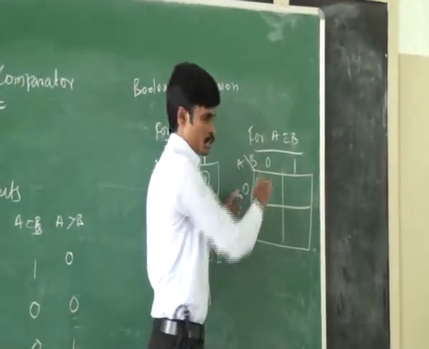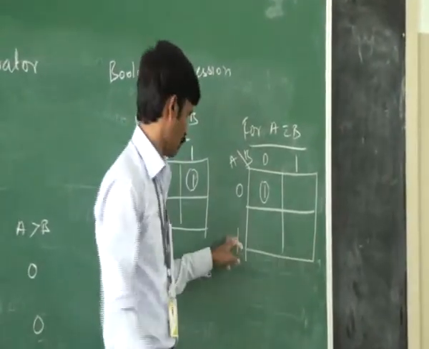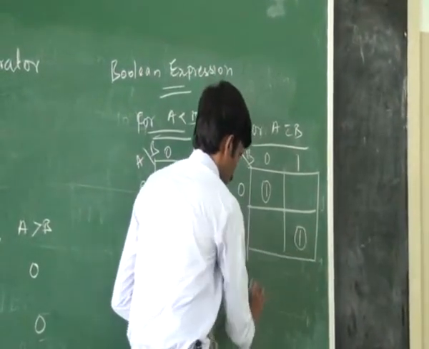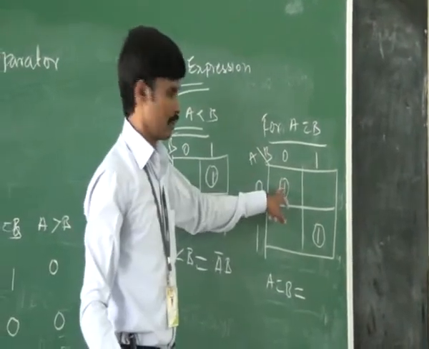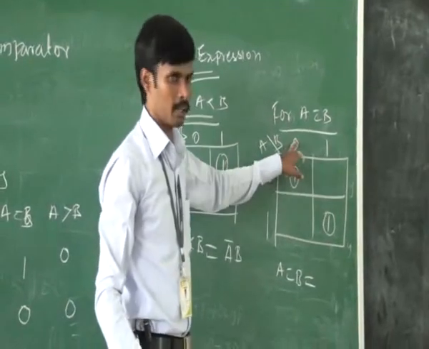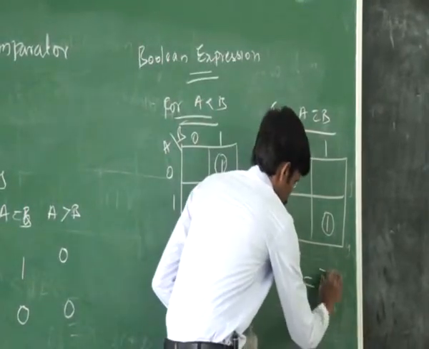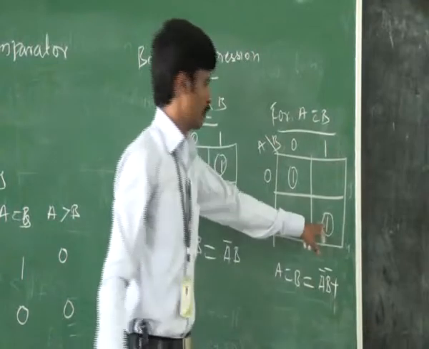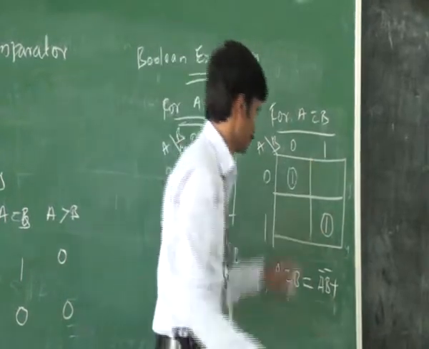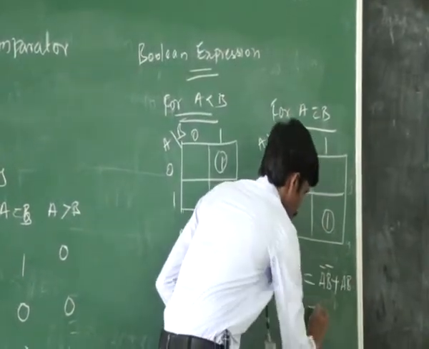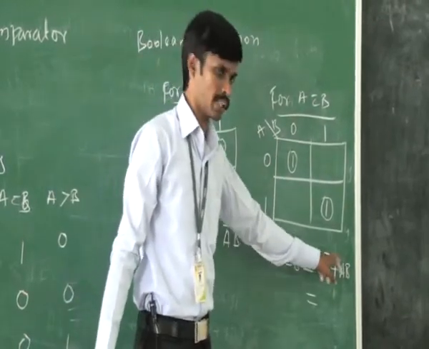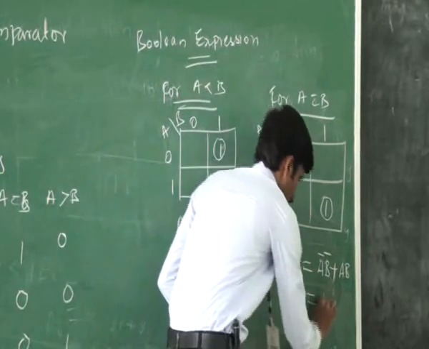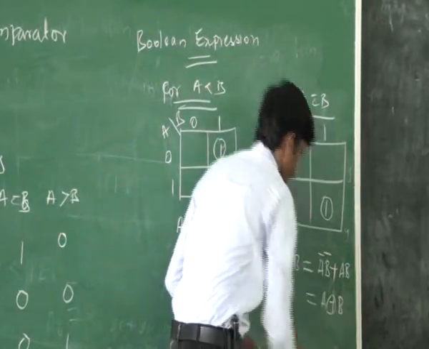This one represents 0 0, this square represents 1 1. So the expression will be: this one represents A bar B bar, then this one represents AB. Then this looks like XOR Boolean expression, which is equal to A XNOR B.